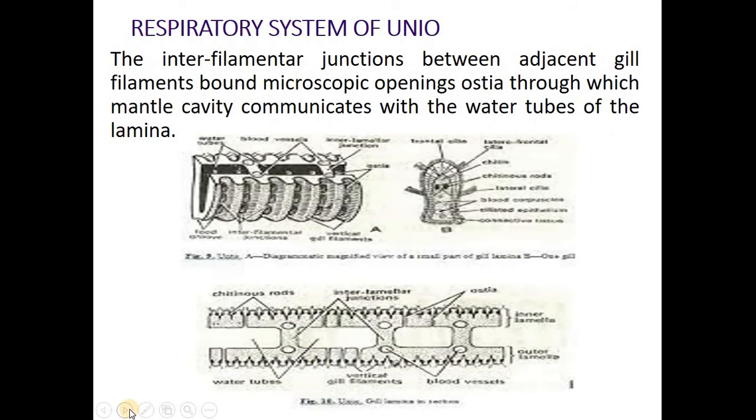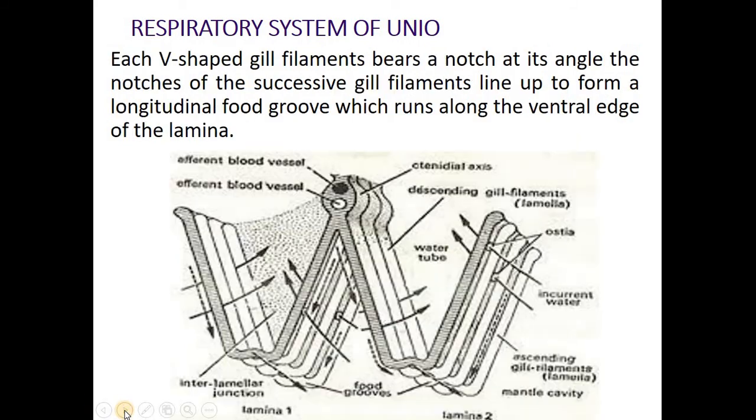The interfilamentary junctions adjacent to the gill filaments bound microscopic openings called the ostia, through which the mantle cavity communicates with the water tubes of the lamina. Further, each V-shaped gill filament bears a notch at the angle. The notches of the successive gill filaments line up to form the longitudinal food groove which runs along the ventral edge of the lamina.